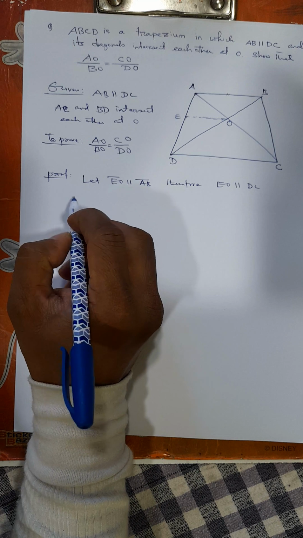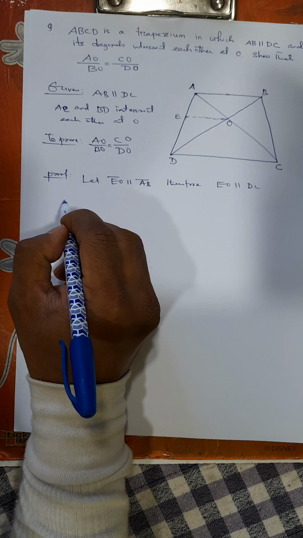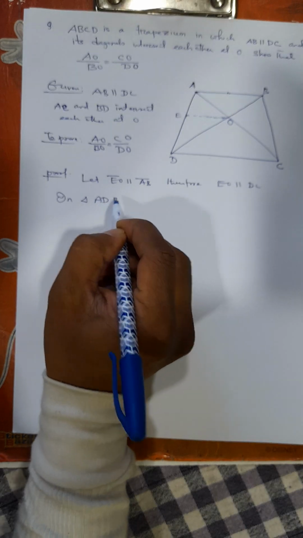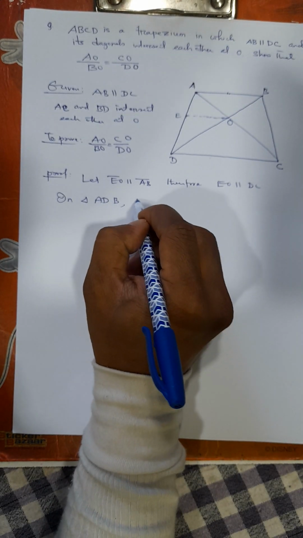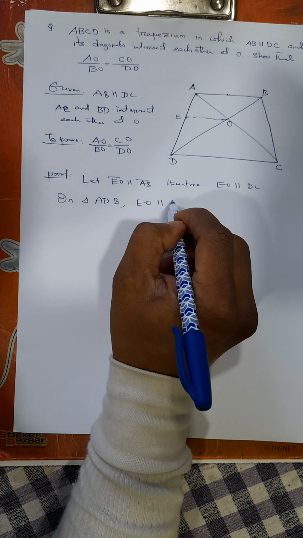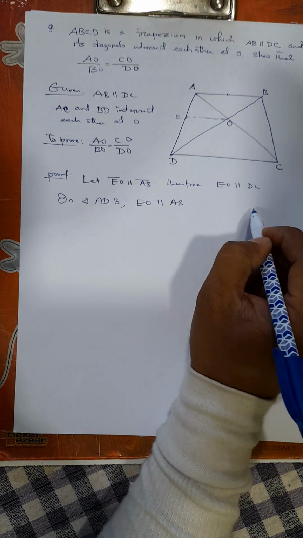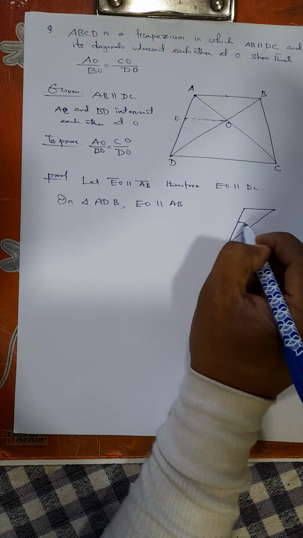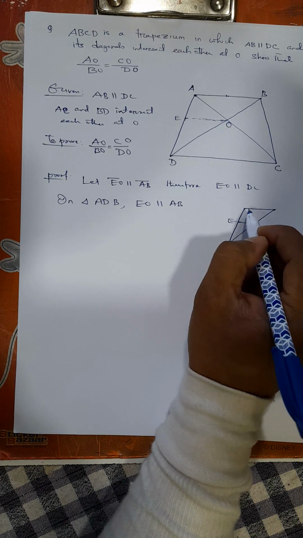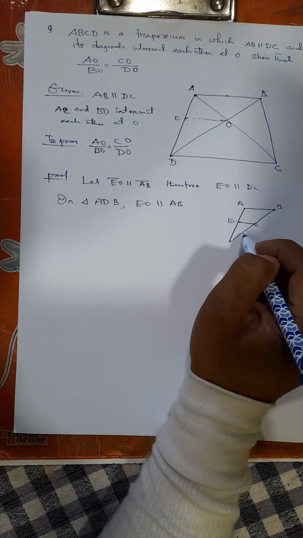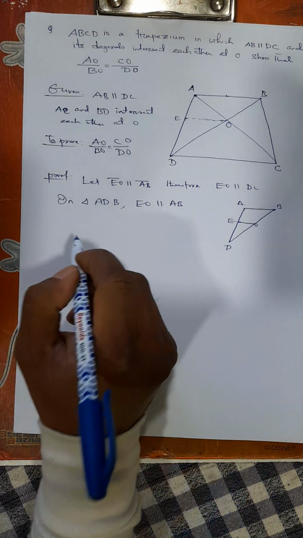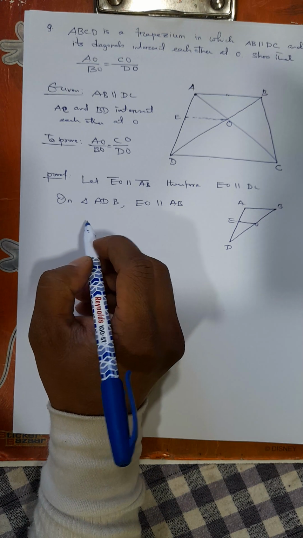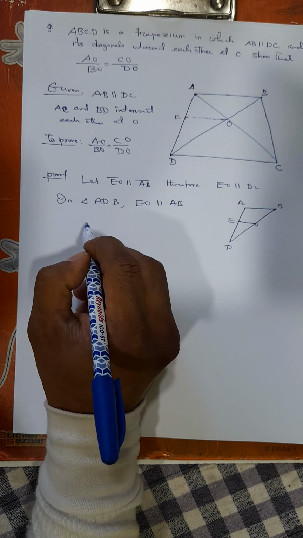Now let us come to triangle ADB. In triangle ADB, you find that EO is parallel to AB, right? So you apply the proportionality theorem here.